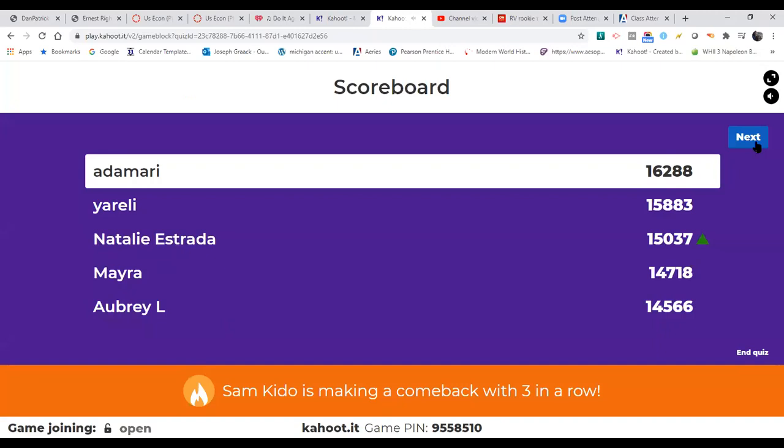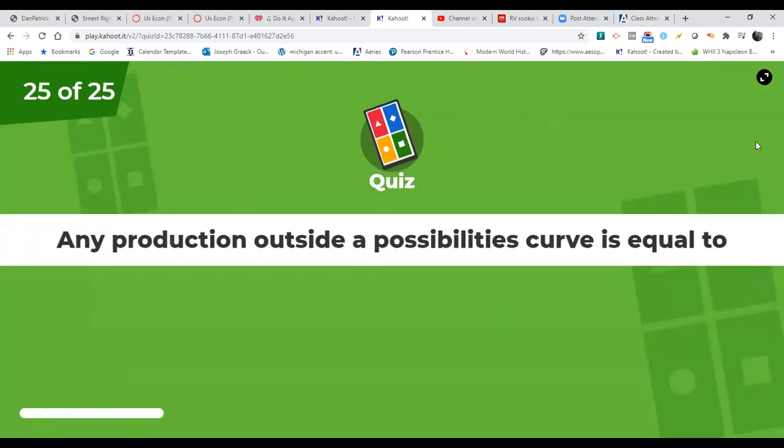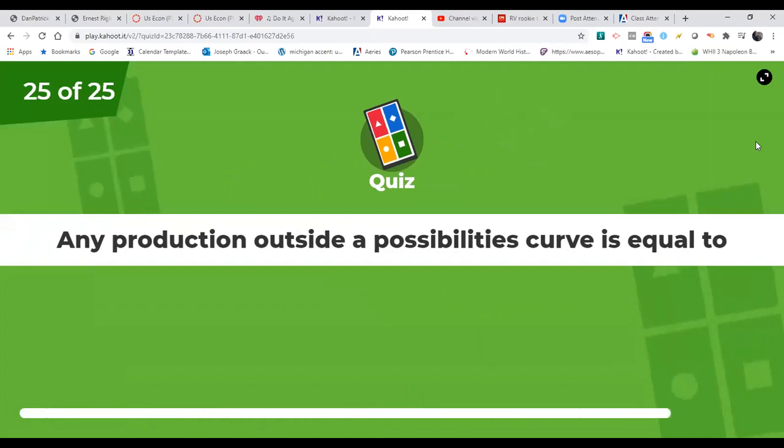Natalie moving up. Last question. Any production outside of possibilities curve is equal to what?